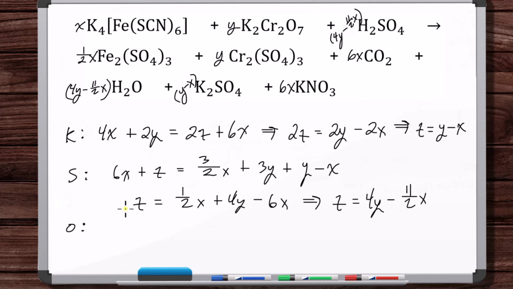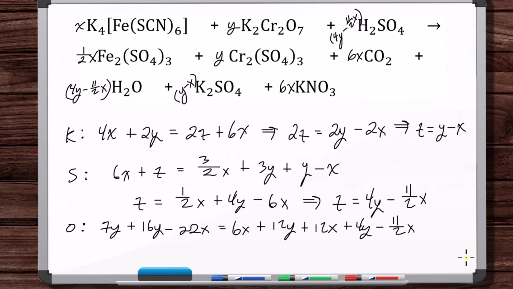That's going to give us Y as a function of X. So we've got 7Y plus 16Y minus 22X is equal to 12 times, you've got 6X plus 12Y plus 12X plus 4Y minus 11 halves X plus 4Y minus 4X plus 18X. So we've got 23Y minus 22X.